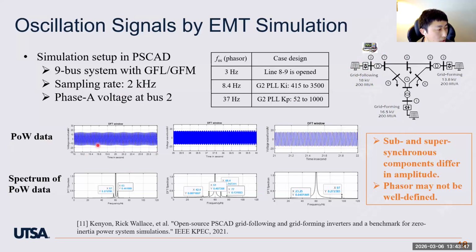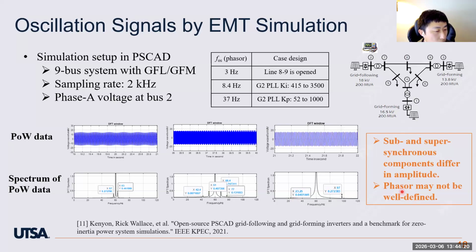The first row here shows the time domain behavior. The second row represents the frequency domain. I'm sorry that the figures are very small here. You probably cannot tell very clearly, but what I really want to show is that the sub and super synchronous frequency components, especially for high frequency oscillation cases, are not equal in amplitude.